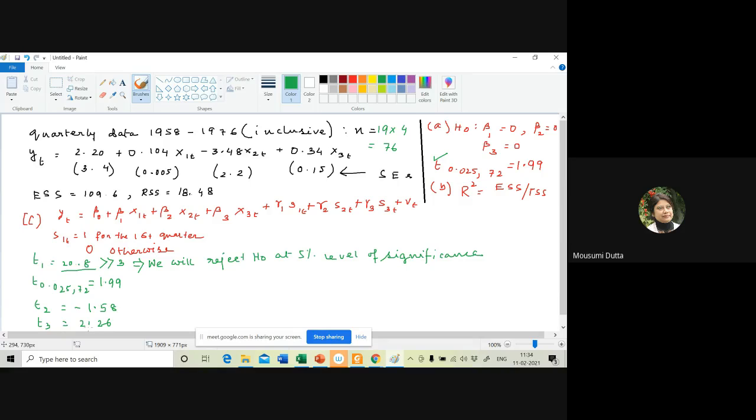So please note that down. You have the values for ESS and RSS here. So please calculate R square first and tell me the value.